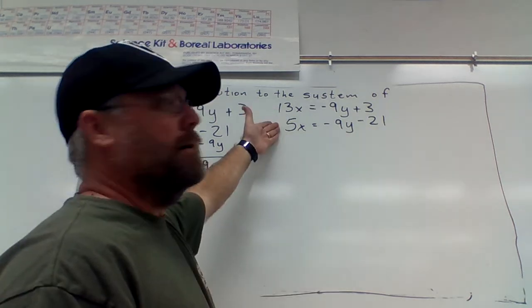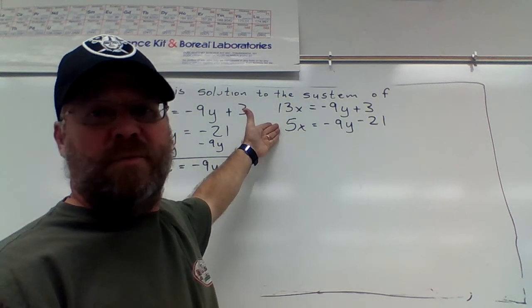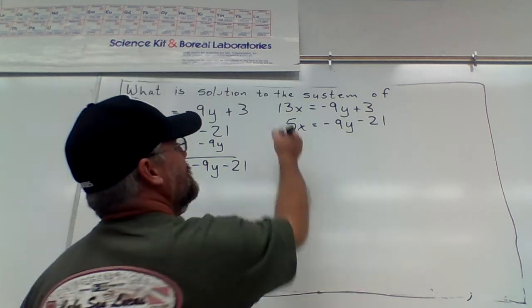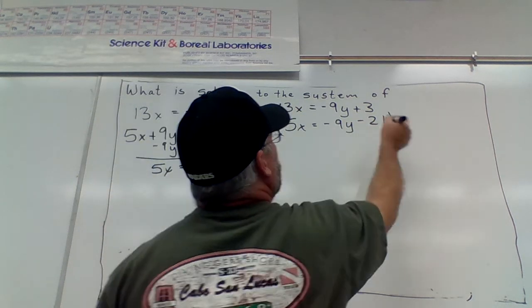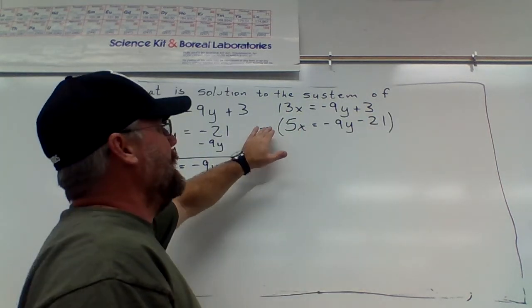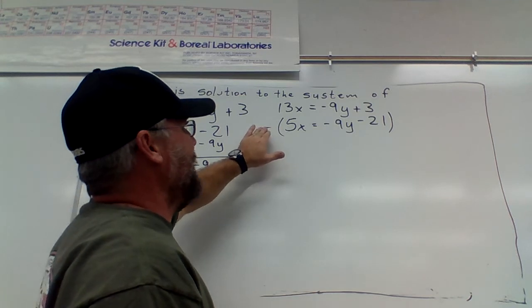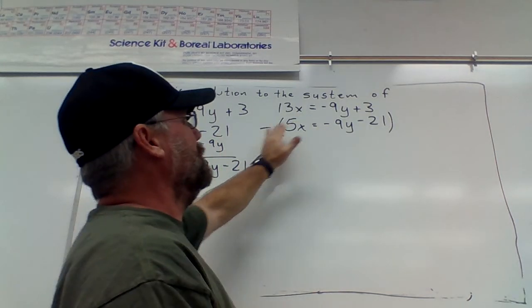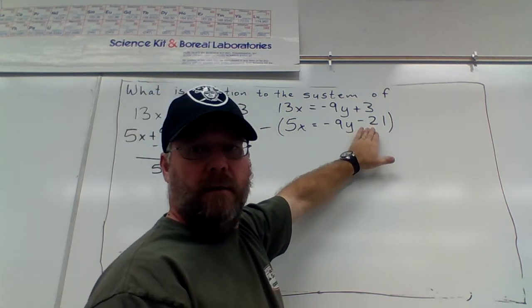Here, I can't add those because I'm going to get negative 18y. So I have to subtract that. To subtract that, I'm just going to put a negative here, and I just have to remember that that negative goes on each one of these terms on the inside.